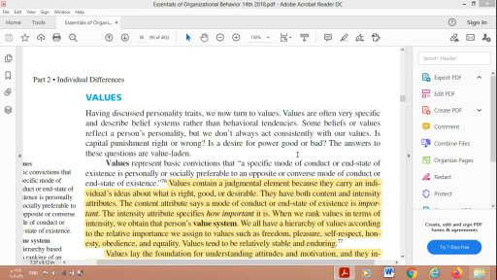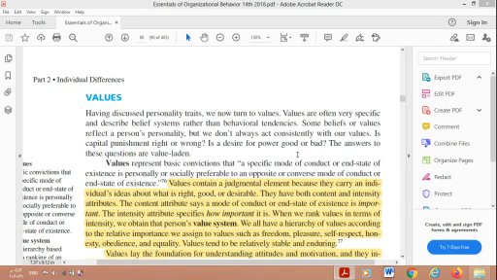Okay, and some beliefs or values reflect a person's personality, some of it, but we don't always act consistently with our values. Why? This is according to the situation, and there is something called the value system, where many values that we believe in are ranked in a hierarchy.